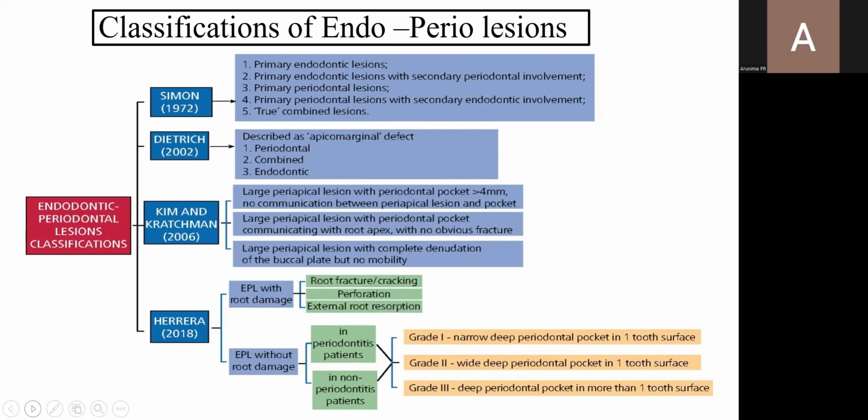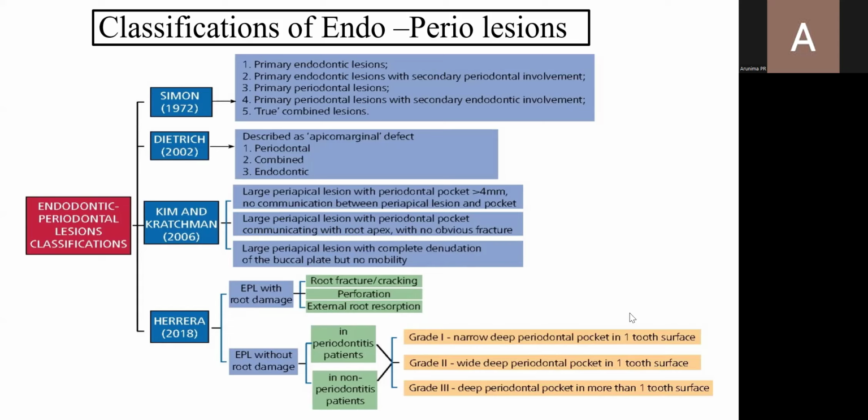There are numerous classifications on this topic, but at least mention 5 or 6 classifications to answer those questions. The old ones: Simon's classification 1972, Dietrich's classification in 2002, and Kim and Kratchman's classification in 2006. Those are all the classic classifications.